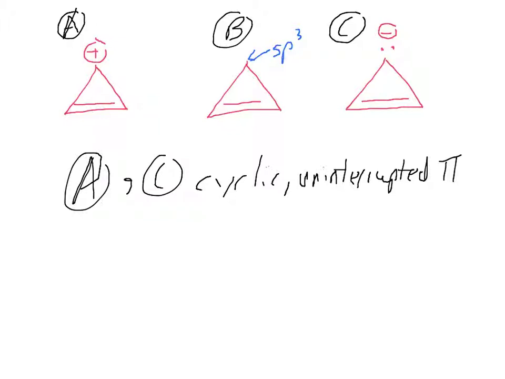The second rule is how many pairs of electrons does this uninterrupted pi system have? For A, how many pairs of pi electrons does it have? 1. So if you have an odd number of pairs of pi electrons, what does that make you? Aromatic.